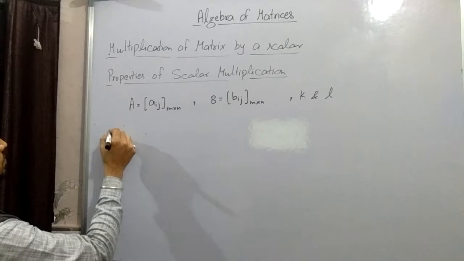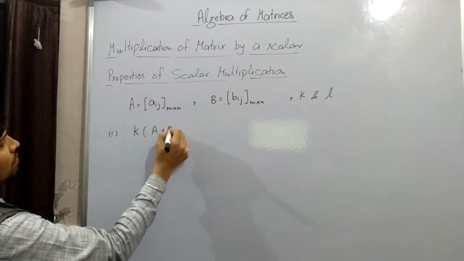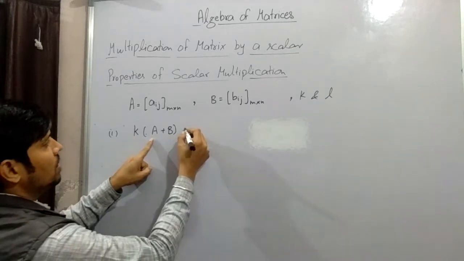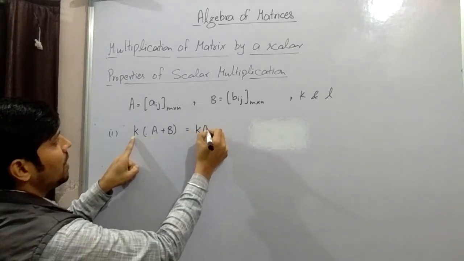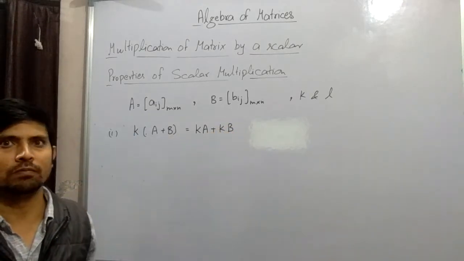The first property: if we multiply K by the addition of two matrices, then this scalar K will be multiplied by A and multiplied by B. This is the first property.